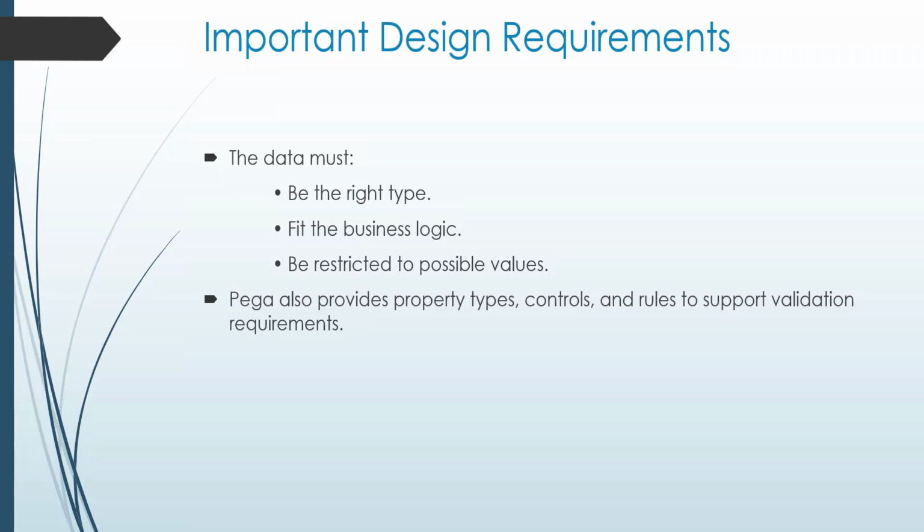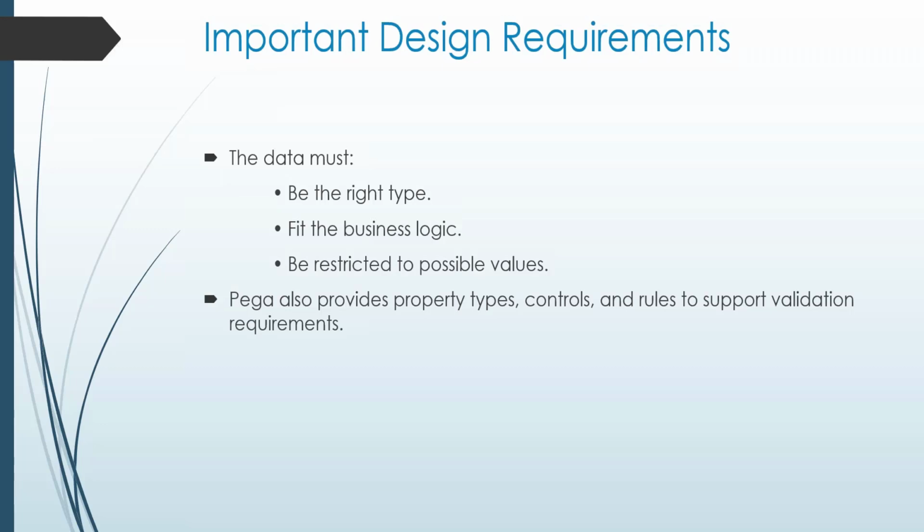And be restricted to possible values. When you have some options or choices, let the user be restricted to those values only. Either provide a drop down, a radio choice, an autocomplete or so, but let the user be restricted to those values. If you give a normal text box, they can enter anything they want. For example, you're collecting the reporting location from the user, and you only have 4 options: Hyderabad, Chennai, Mumbai, and Delhi.